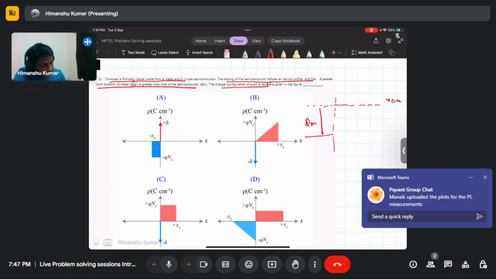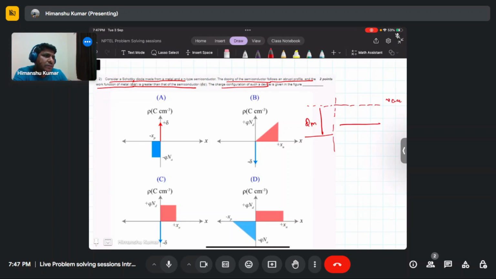It is given that the metal work function is greater than the semiconductor work function, which is phi s. This is EF, and this is EF in the metal.